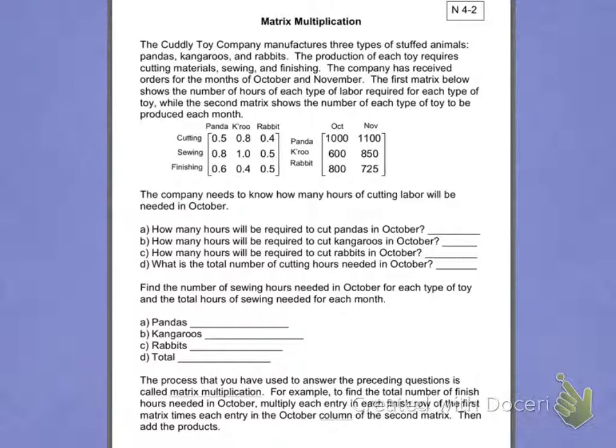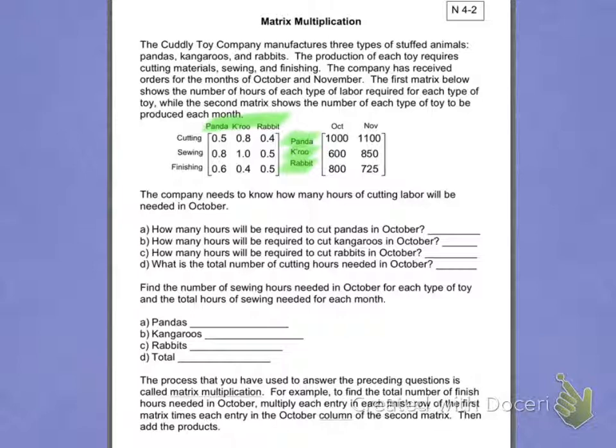The important thing to notice here is that the labels across this first matrix's top, which are the columns of that matrix, match the labels along the row of the second matrix. And so if you think in terms of dimensions, that means that the second dimension of the first matrix is the same as the first dimension of the second matrix.